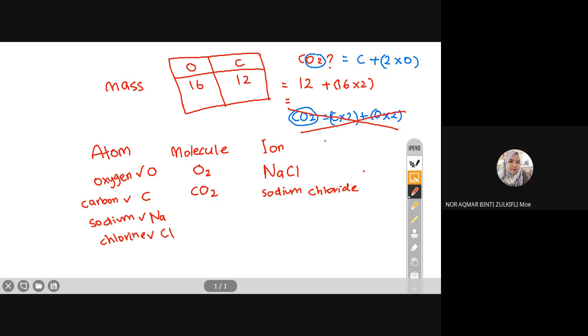I can see Jeremy, Yak Huai, Lai Wan Ting, Ko Yishuan, and Li Kayin. Very good. The answer is 44.